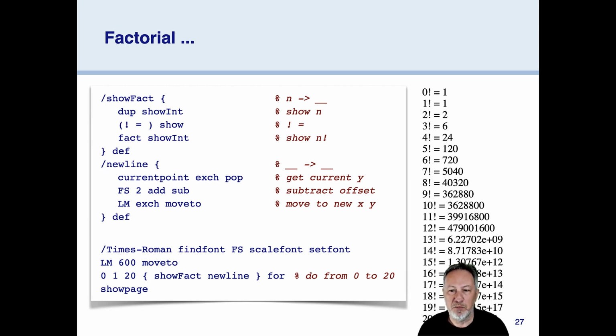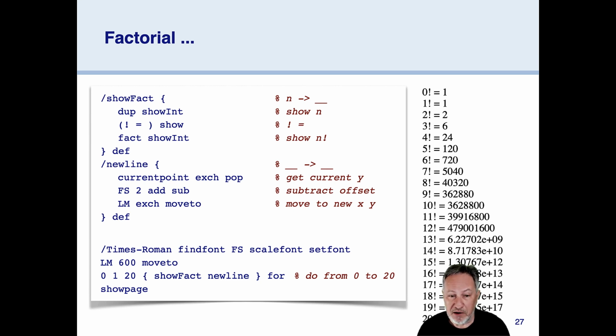So after printing a line, what newline is going to do is look at where we are currently. The current point is going to be x y. We're going to exchange those and pop off the top value. So this will leave on the stack the current y value.